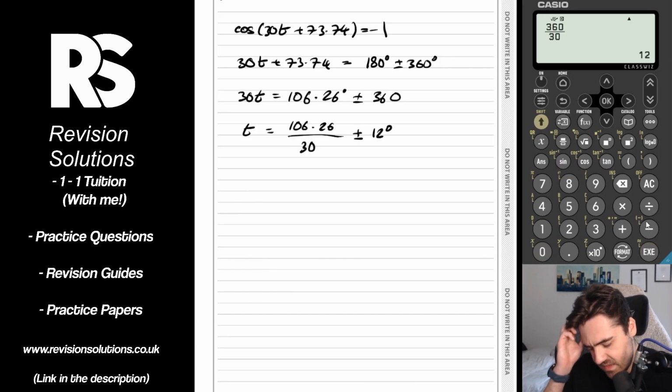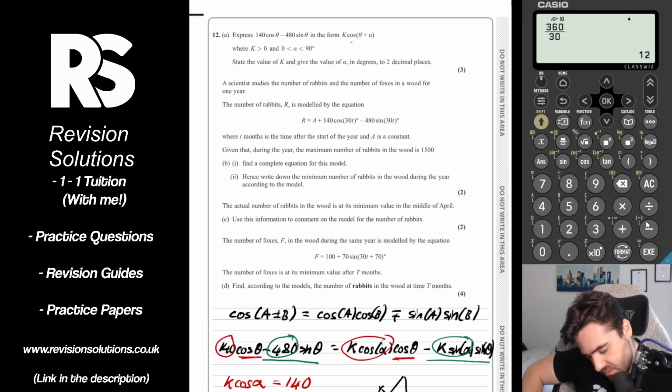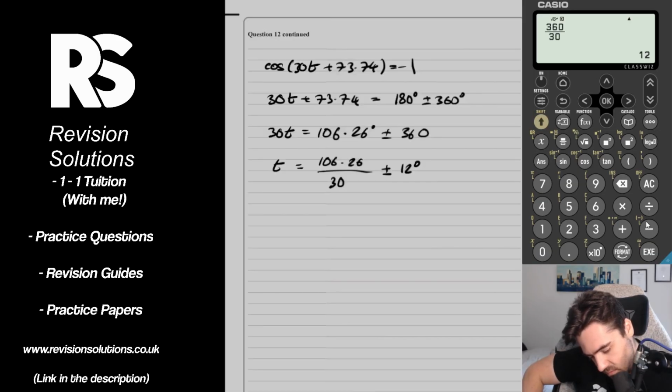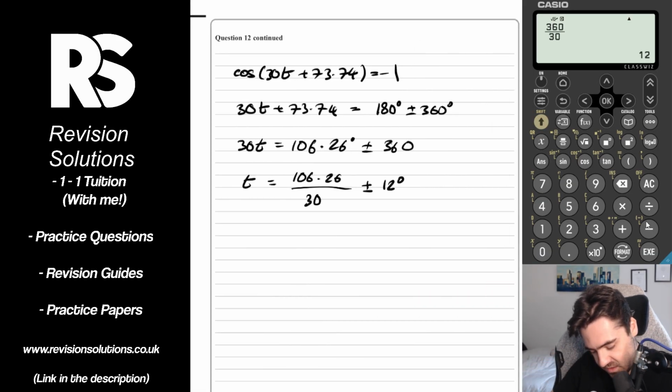Okay, so let's check the units of time again, where t is in months. Let's calculate this first solution. Sorry, I should have had a k here before, so we can add as many lots of 360 as we like. But let's just think about the first solution where we don't add 360 at all.